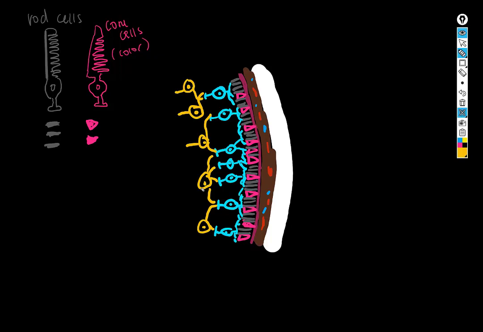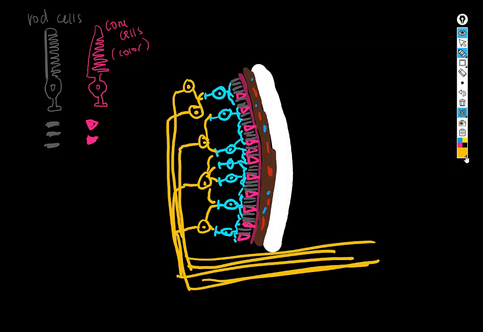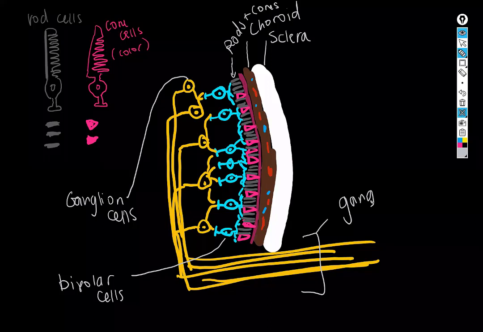And these are the cells whose axons travel the surface of the retina and out through the optic disc. And then ganglion cell axons form the optic nerve.